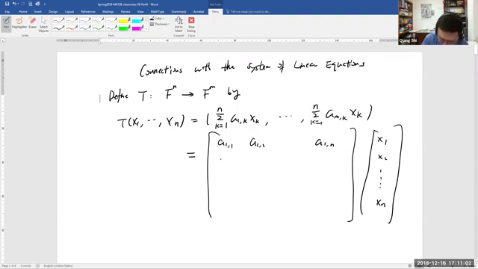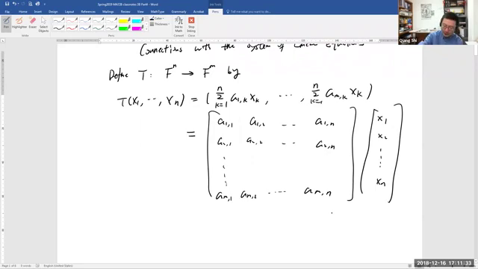Then you use a_{21}, a_{22}, up to a_{2n}, so a_{21} matches x_1, a_{22} matches x_2, and so on. That gives you the second coordinate in the resulting vector. And the last one is a_{m1}, a_{m2}, up to a_{mn}, matching the entries in x, which gives you the last one in y. So this is an m by n matrix, and this is n by 1, so you finish with m by 1.